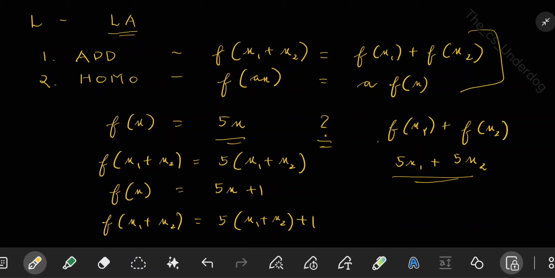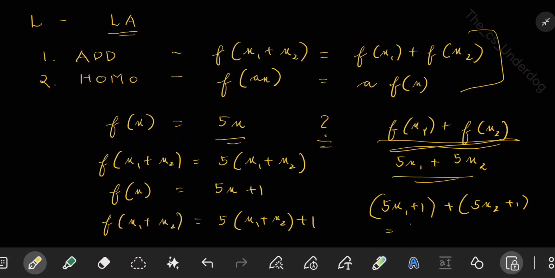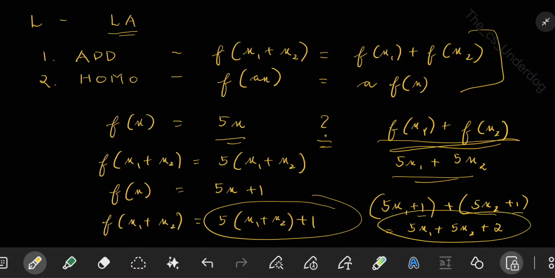But if I do f of x1 plus f of x2, then it will be 5x1 plus 1, this is f of x1, plus f of x2 will be 5x2 plus 1. So this will give me 5x1 plus 5x2 plus 1 plus 1, which is 2. So here additivity property is actually violated.